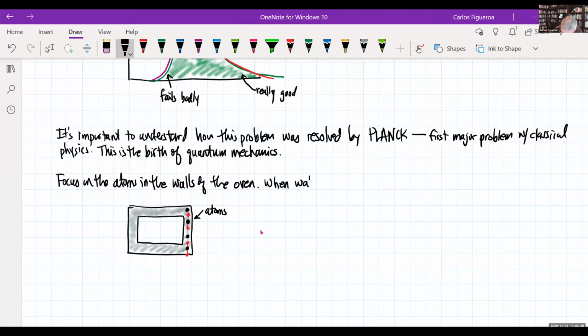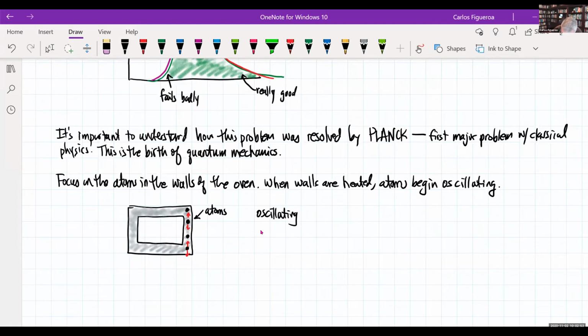So when you focus on that, what you're finding here is that when walls are heated, atoms begin oscillating. And remember what we said about this before, that if you have an oscillating charge, then it emits electromagnetic radiation.